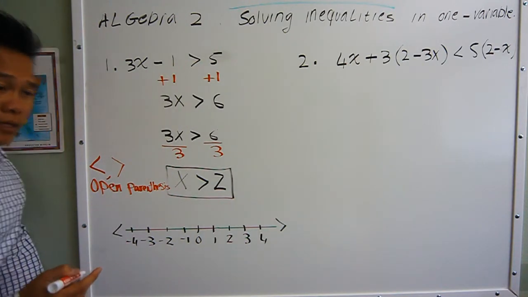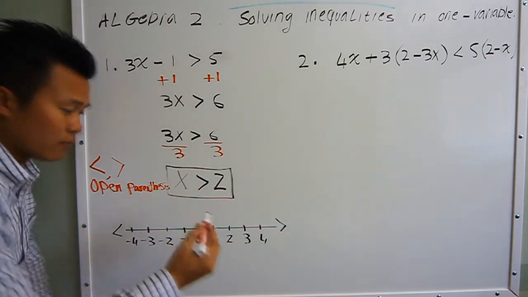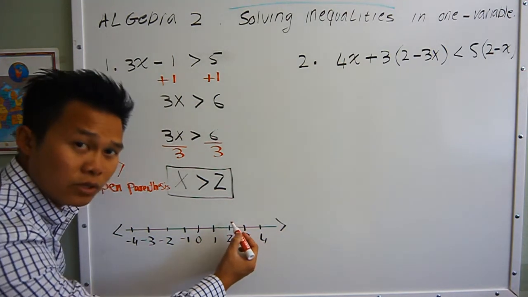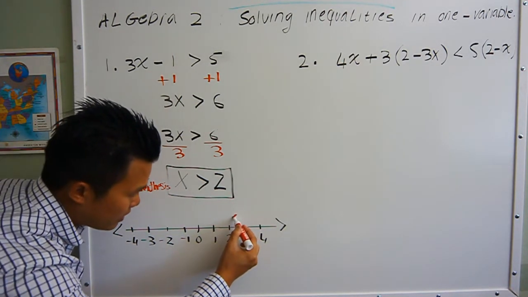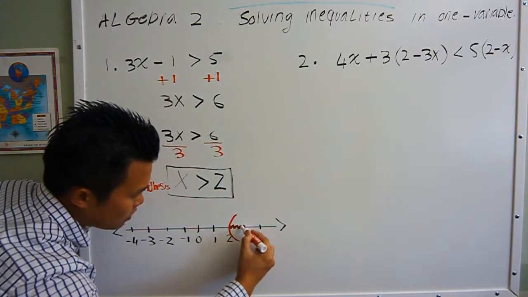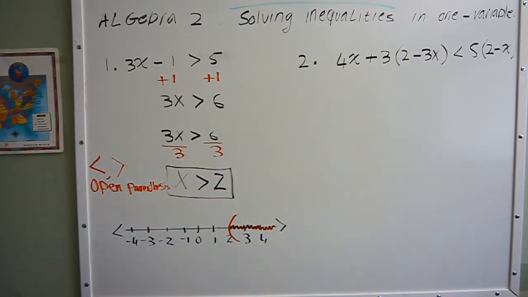I'll show you what it means. The solution is anything that's bigger than 2. So we go to the number 2, and instead of drawing a circle, which is what you used to do, we draw a parentheses. Then we shade anything that's bigger than 2, so that will be shaded.